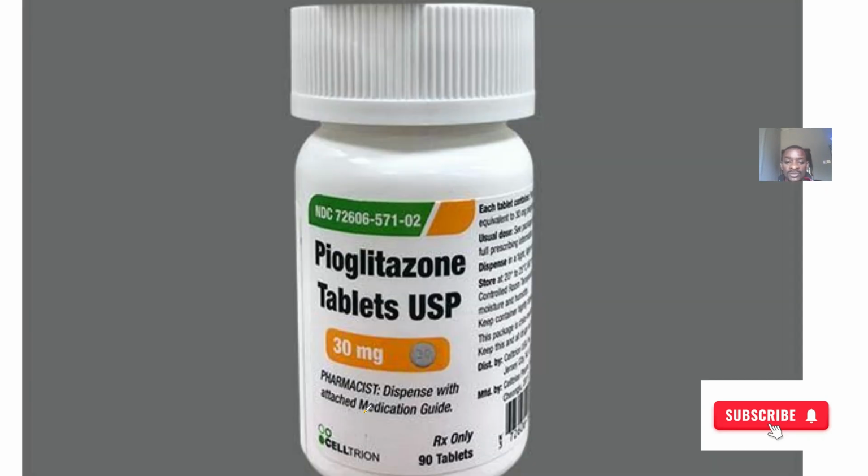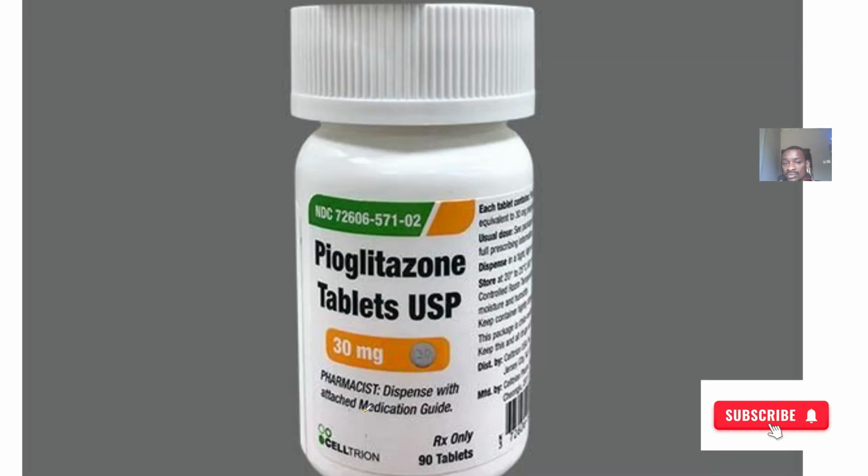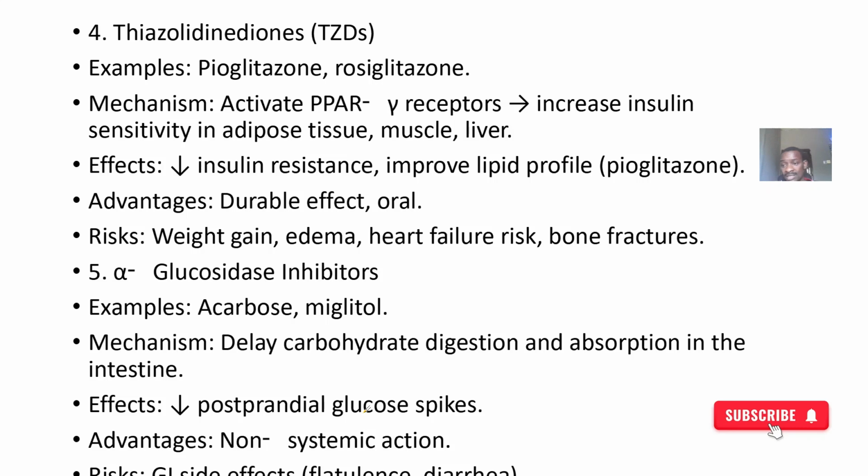Then we have other drugs like the thiazolidinediones. So drugs like pioglitazone, rosiglitazone. So they activate the gamma receptors. They increase insulin sensitivity in fat cells, in muscle cells, in liver cells.